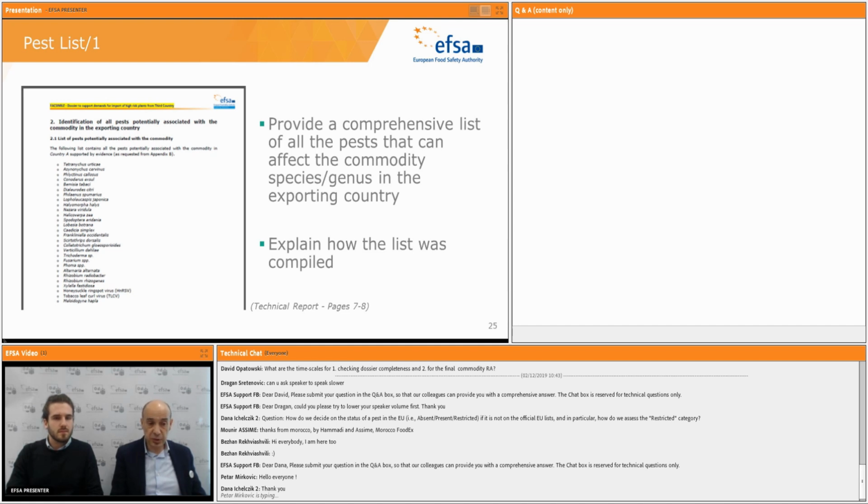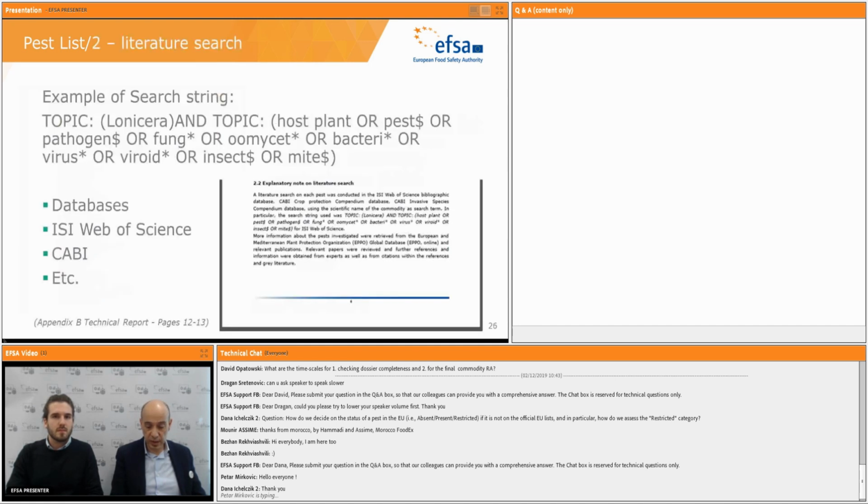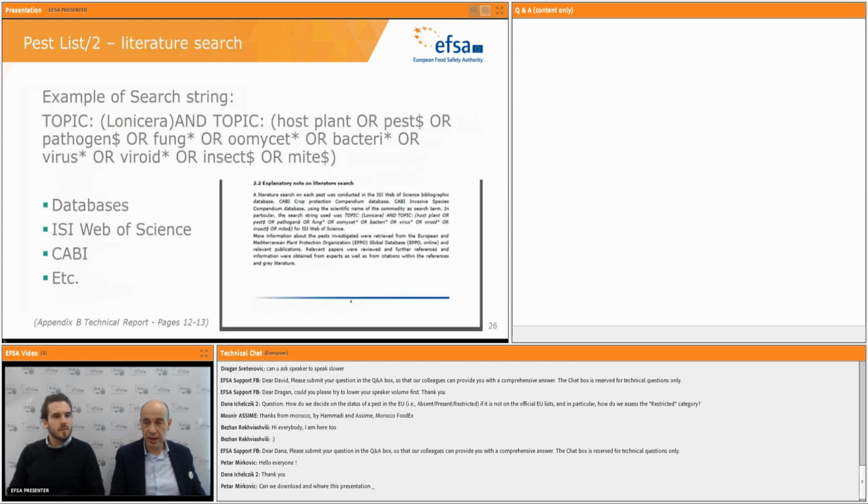In the technical report, we indicate that you have to perform a systematic search. So you have to systematically review all the information that could be available. This means including scientific literature, but not only.